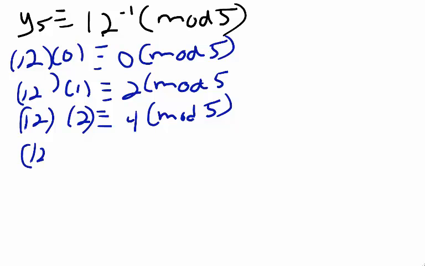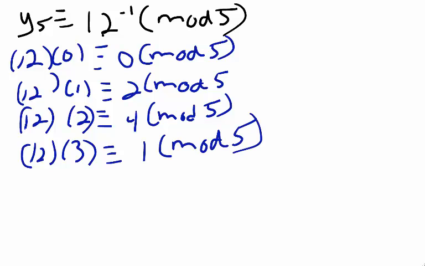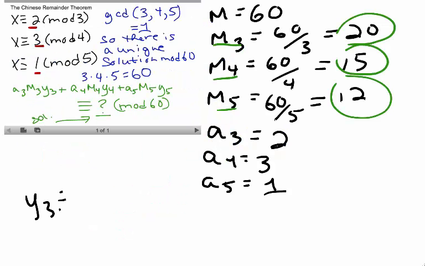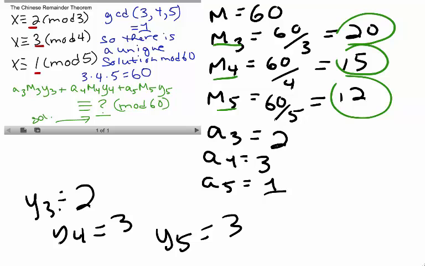And 12 times 3 is congruent to 1 mod 5. So since we have found 1 mod 5, we can stop here, and we know that y sub 5 is equal to 3. I've now learned that y sub 3 is equal to 2, y sub 4 is equal to 3, and y sub 5 is equal to 3.